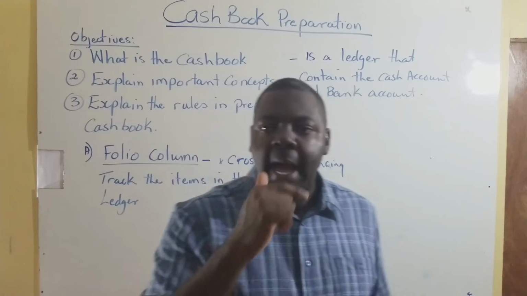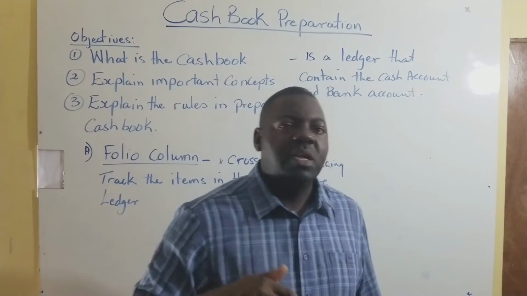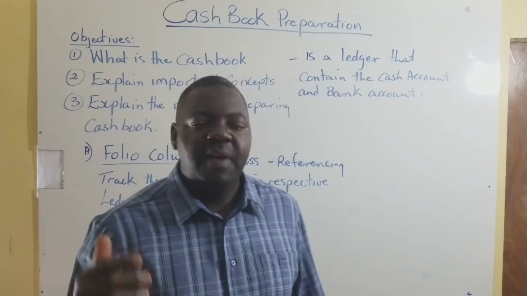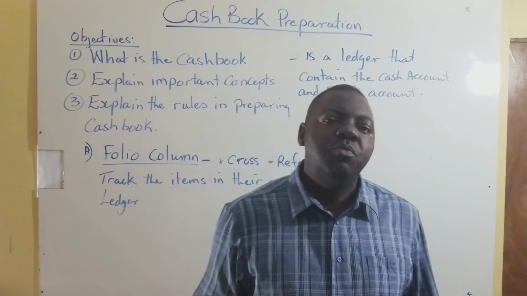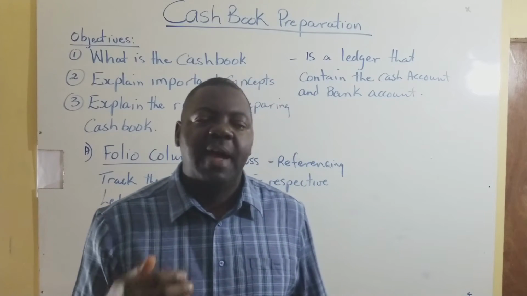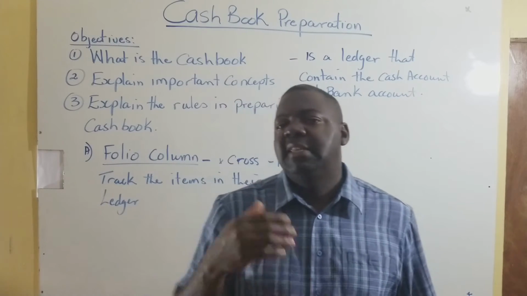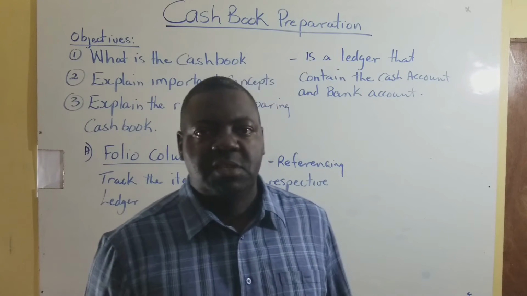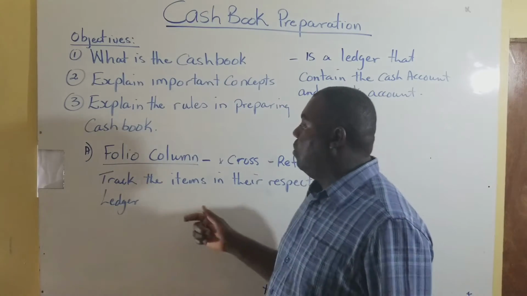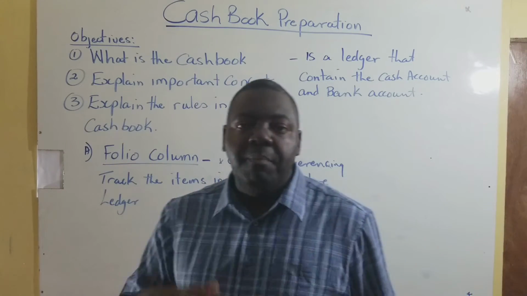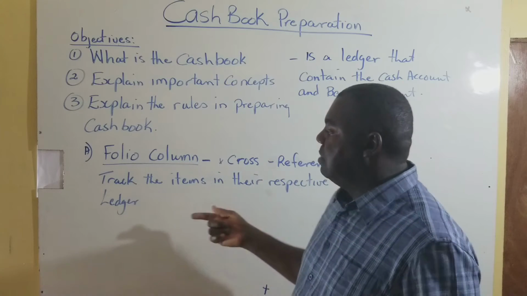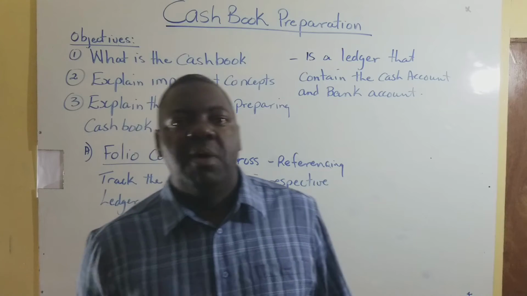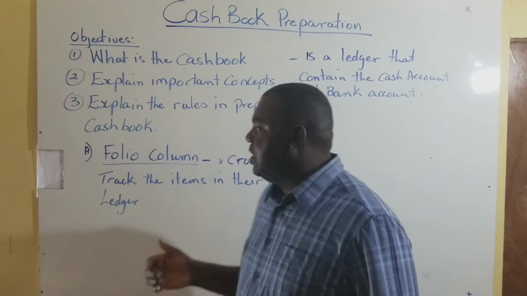For example, if we sold some goods to a customer on credit, we would have had that information recorded in the sales ledger. Yes, that particular customer is owing us. So when that customer pays us, we want to be able to show that we no longer have that customer as a debtor because the individual would have paid us.